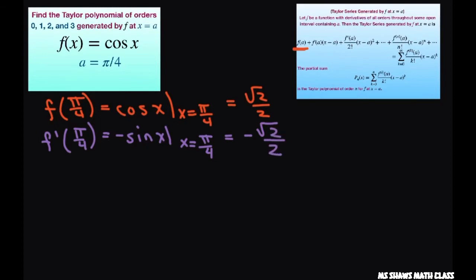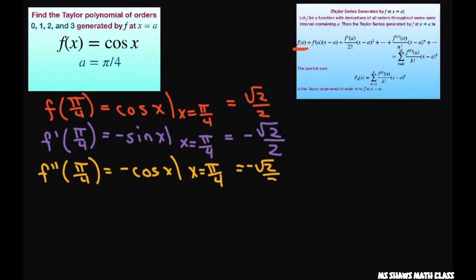And then we're going to do f double prime of pi divided by 4. That's going to equal negative cosine of x. And at x equal pi divided by 4, that's going to equal also negative square root of 2 divided by 2.